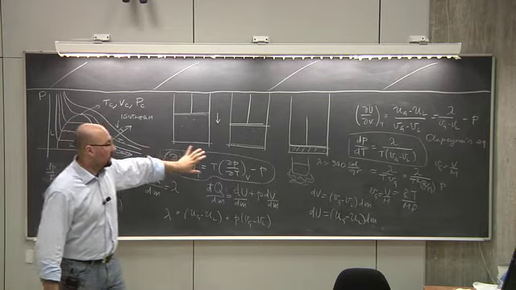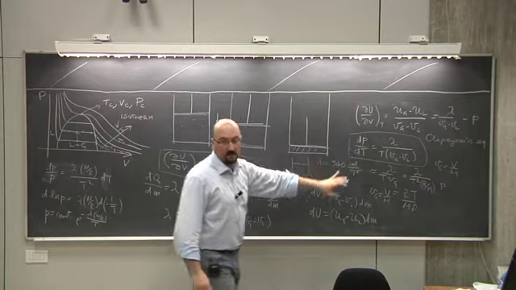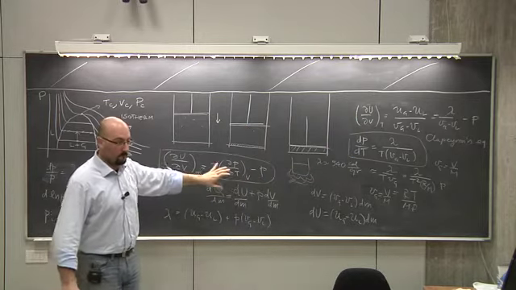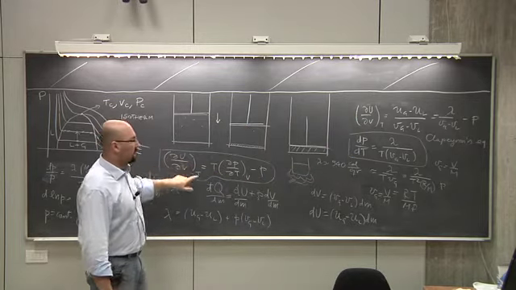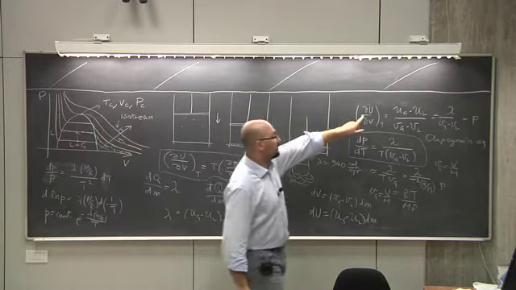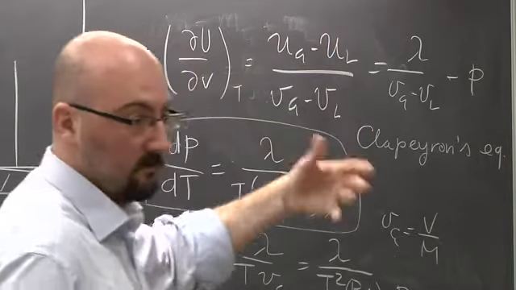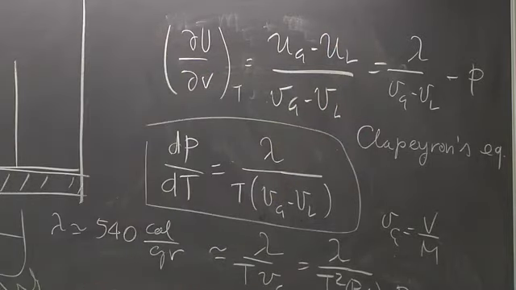And then we looked at what really happens when I change the volume. You have to look at the change in the internal energy. And this is a bunch of constants that depend on the system.